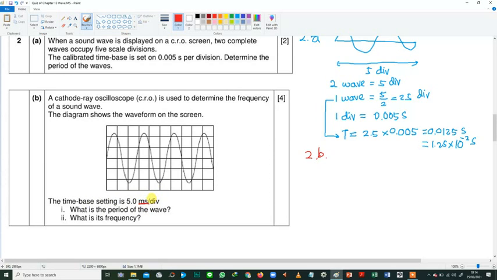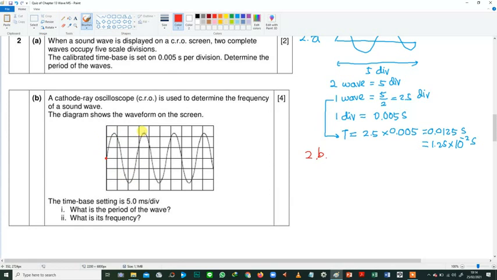So let's calculate first how many waves for how many divisions. To make it easier, remember, take the beginning of the crest exactly on the vertical line, and then find the similar point again.